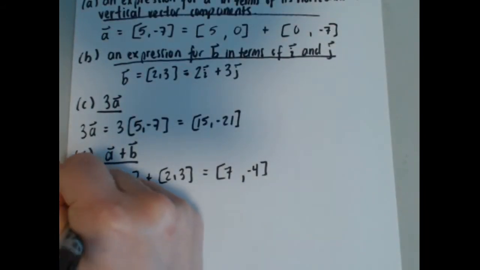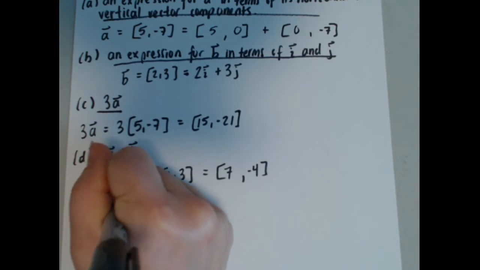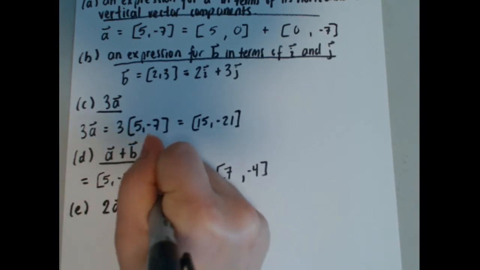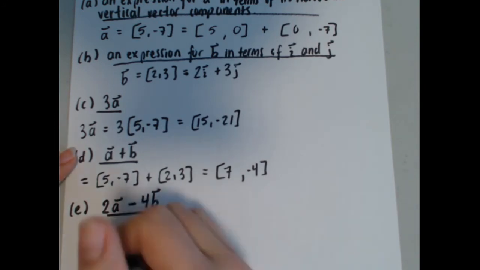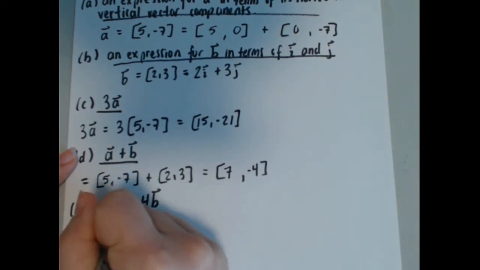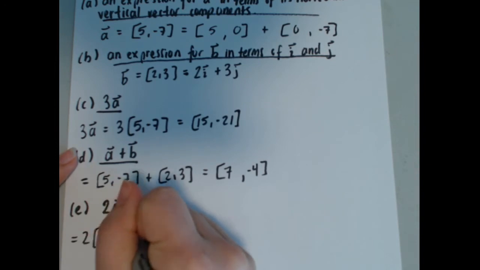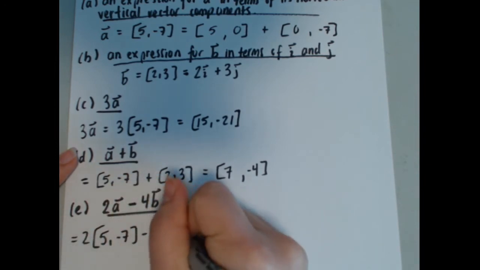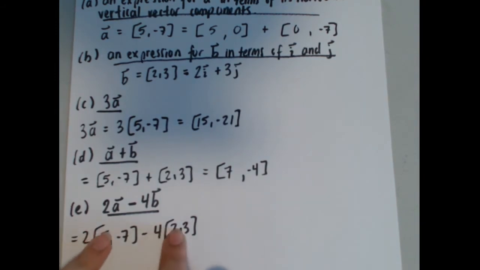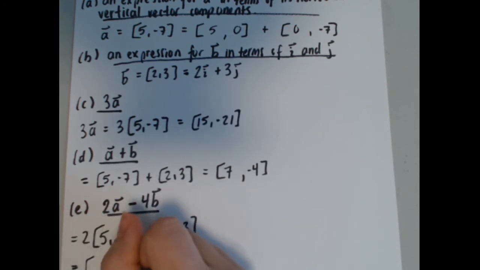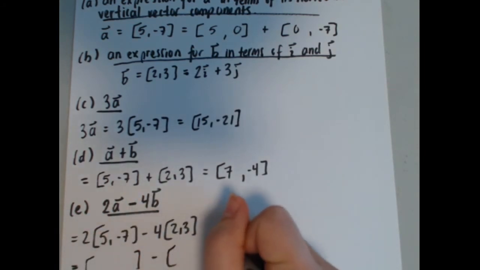Okay, part E, 2a minus 4b. So this is going to be 2 times (5, -7) minus 4 times (2, 3). What I'm going to do first is take these constants and multiply them and distribute them inside, so that I have one vector minus another vector.